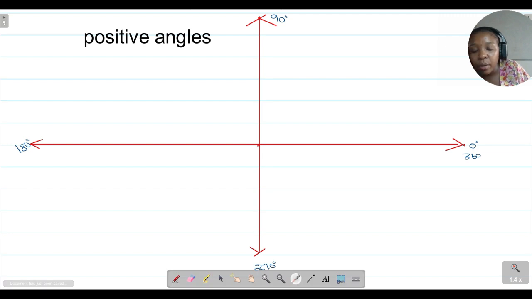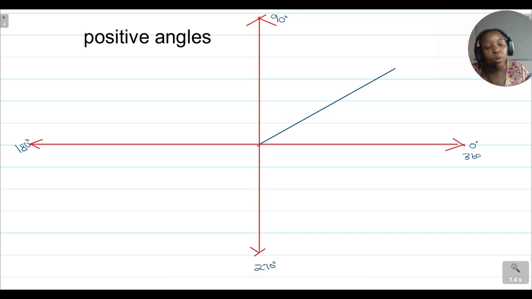So let's say, for example, you're given a question where you're asked to measure the size that this line makes, or the angle that this line makes with the positive x-axis. So if you had to determine this angle, we already know that when you have to measure angles, right, you would start by measuring from the x-axis and then you would move in an anti-clockwise direction to determine what that angle is, right?